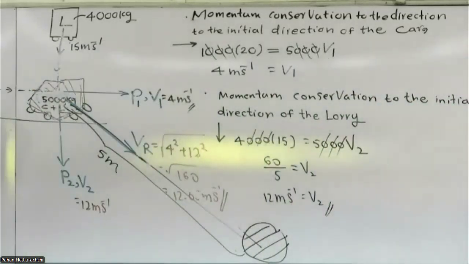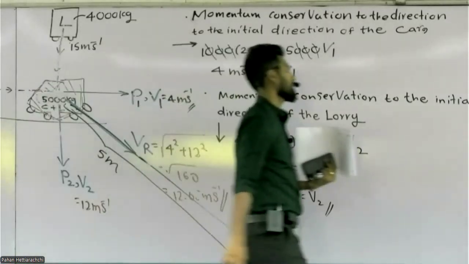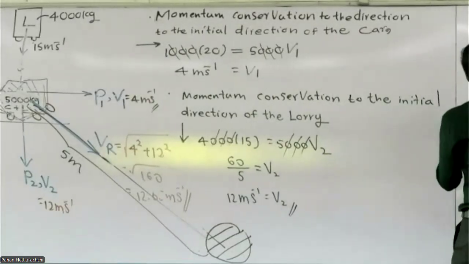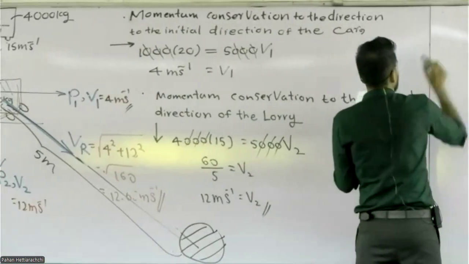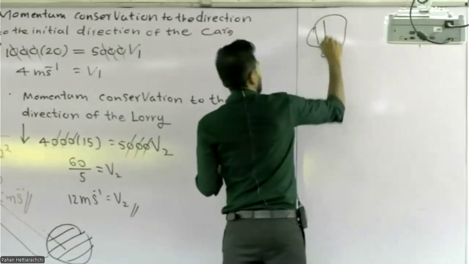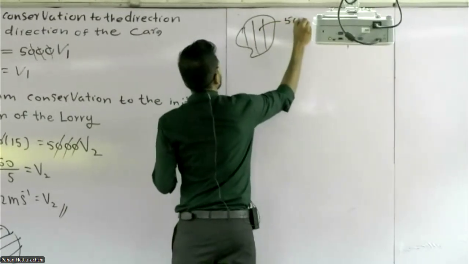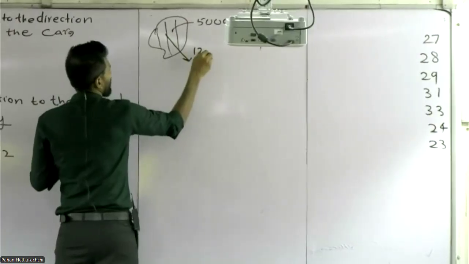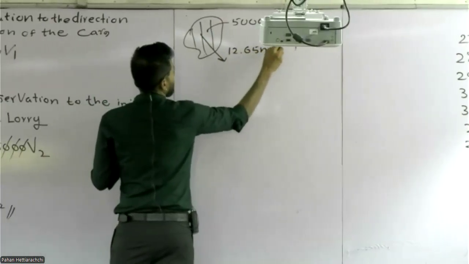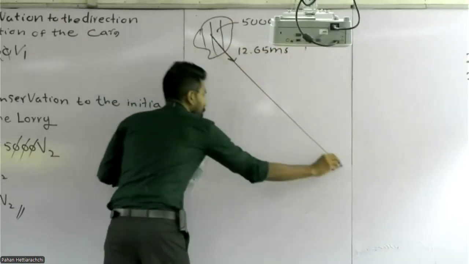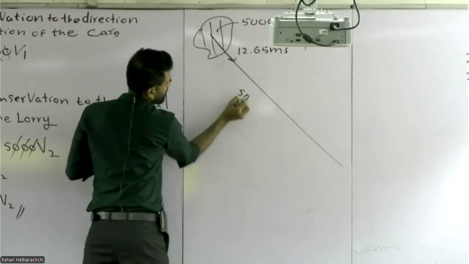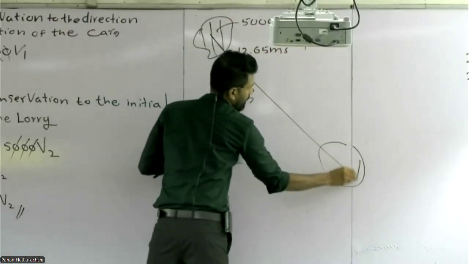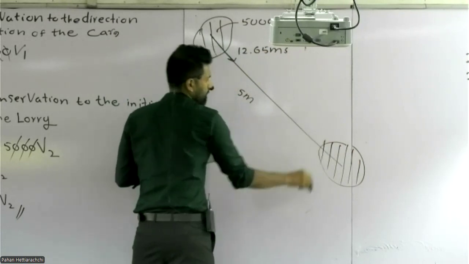Now, the velocity is 12.65 meters per second immediately after the collision. Immediately after the collision, this 5000 kg combination has a velocity of 12.65 meters per second. It will take 5 meters for this combination to come to rest.